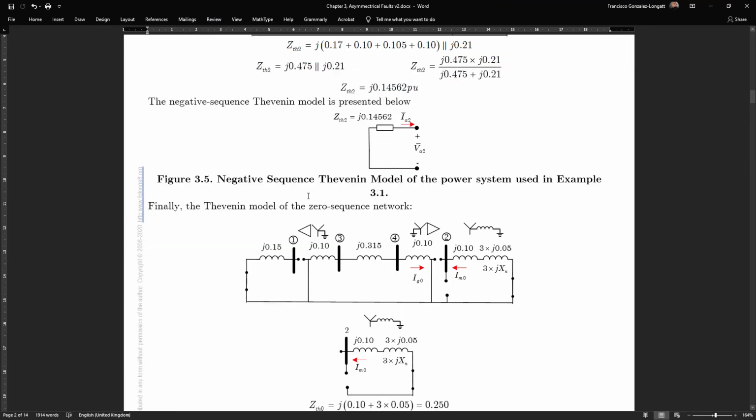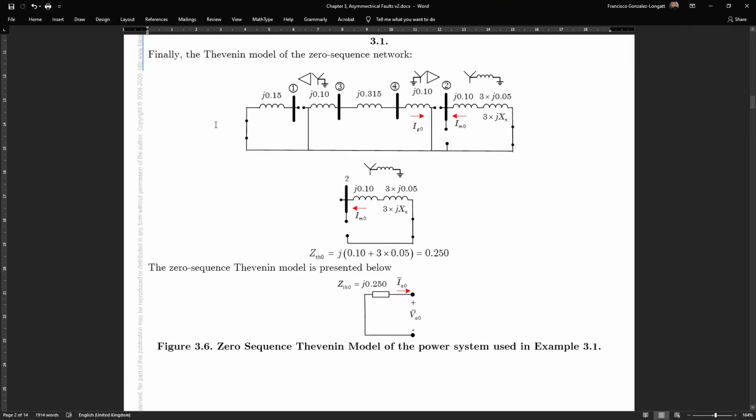Okay, negative sequence, very simple. You can see here I am showing you the negative sequence model that we create a few minutes ago.